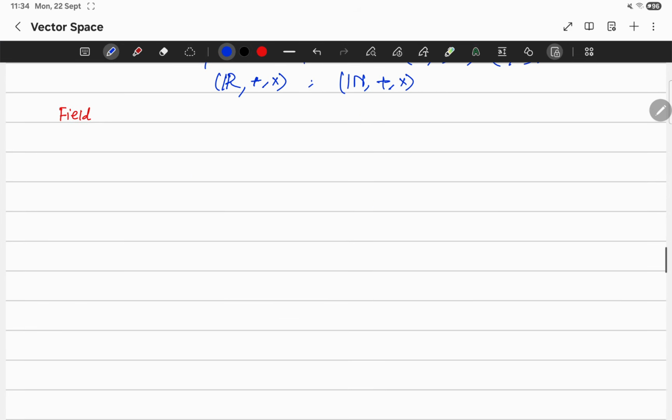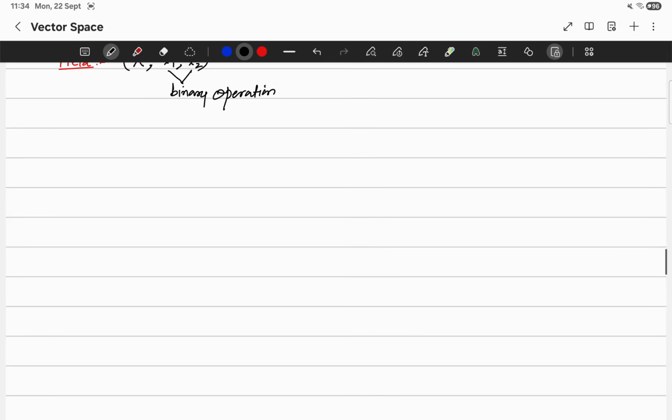Now, if we discuss the field, we take a set, let's say X, equipped with the two operations *1 and *2. These are two binary operations, and with respect to these two binary operations, some properties should hold. This X should satisfy some properties. We will discuss those properties.